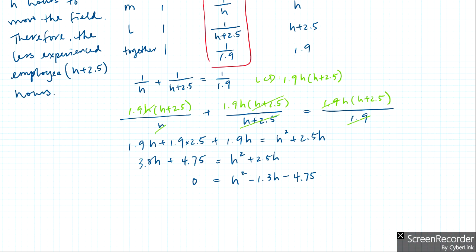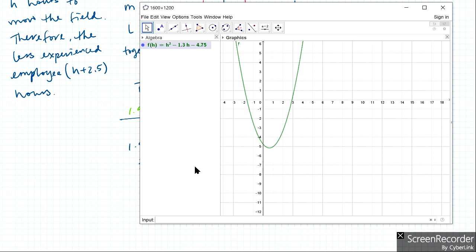Depending on what you're allowed to do, if we're just going through the process to understand the applications, I'm going to use a graphing facility to help us solve this problem. If we plot this in GeoGebra, this is the function that I have. Once we plot it, we can see there are intersections where it hits the x-axis, and that's what we want to look for.